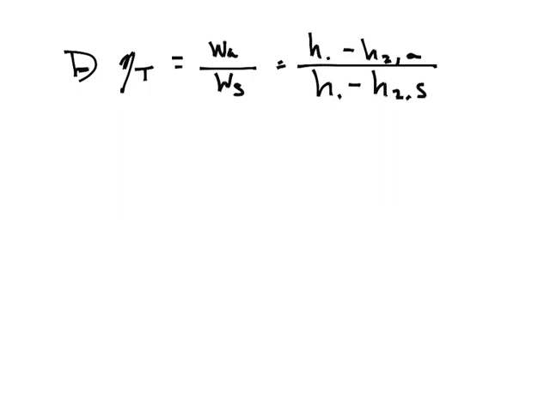So we already know H1, numerator and denominator, and we already know H2 actual. So we already know what the actual specific enthalpy is coming out of our turbine.